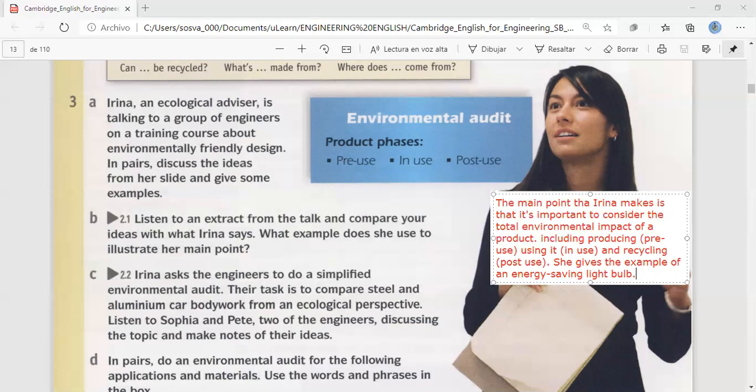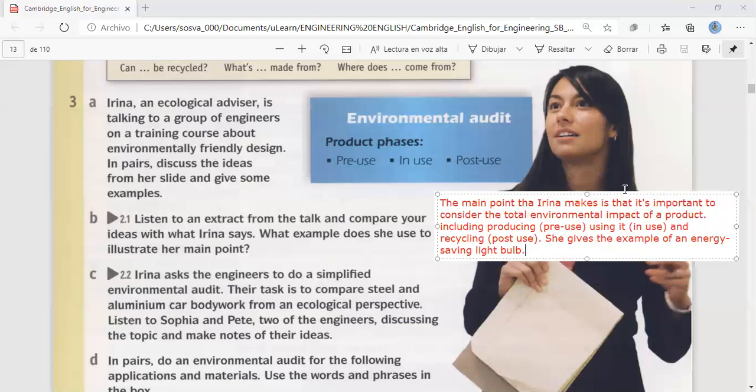Meanwhile, light bulbs from 10 years ago consume a lot of energy, like 60 watts or something. So this would be the main point, the answer of the letter B.